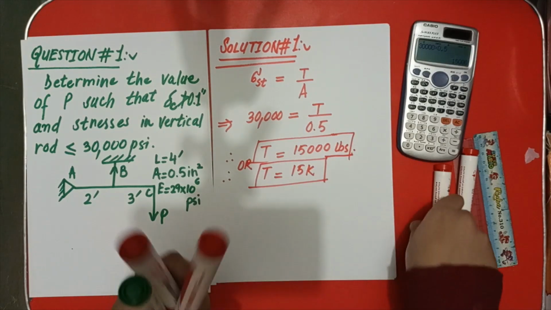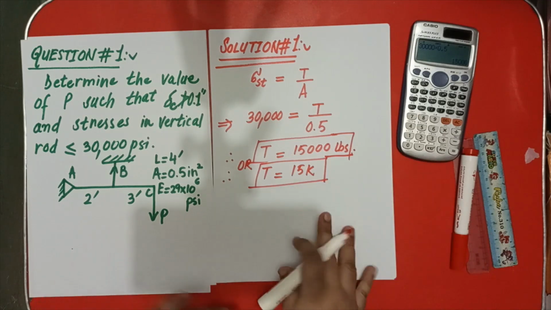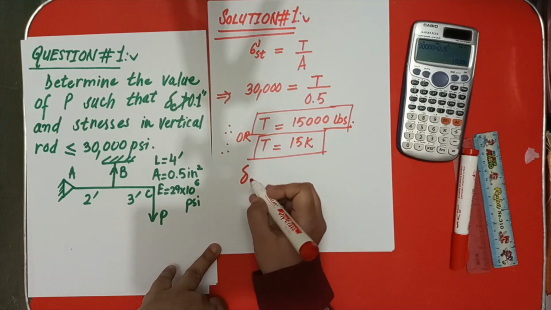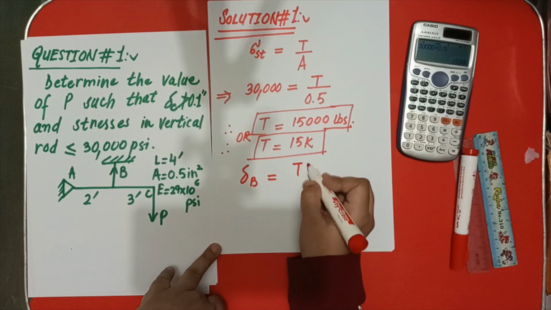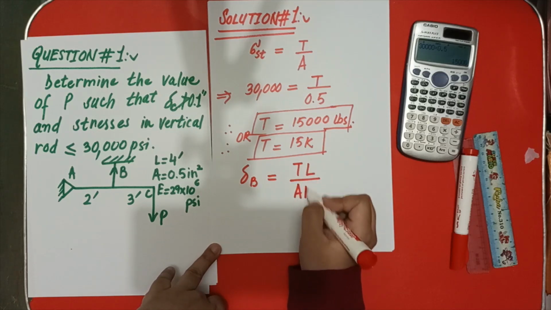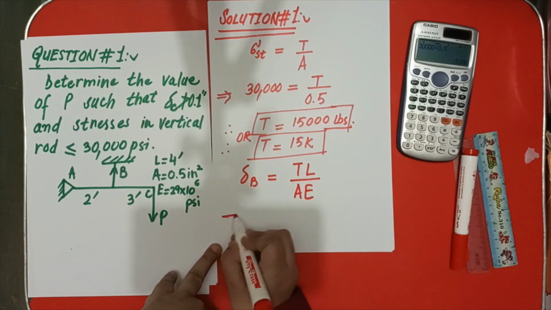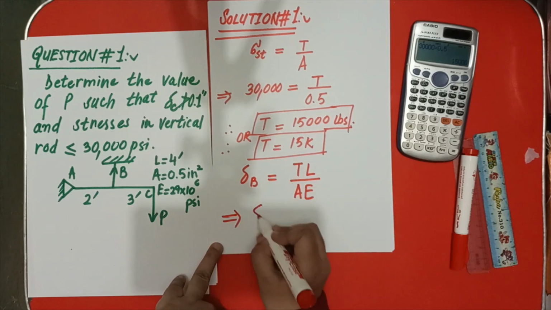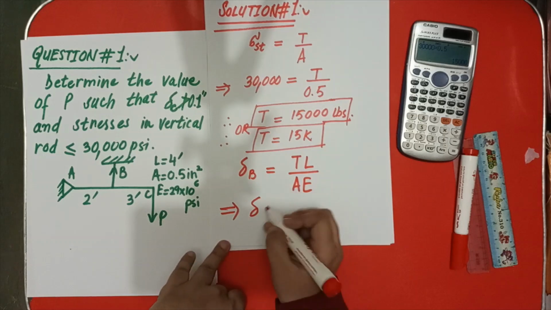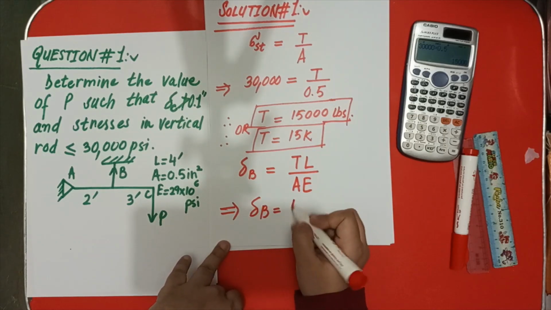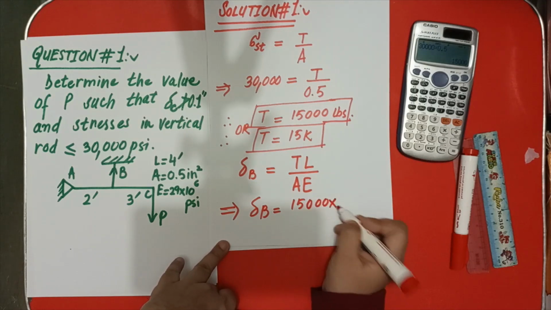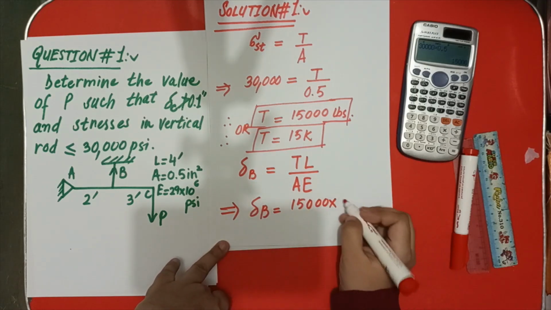Now the next thing we have to do is that we have the formula of the deformation, that is delta B equals TL over AE. In this situation, we already have the value of T. So delta B is equal to 15,000 pounds multiplied by length, which is given in the question, 4 feet.